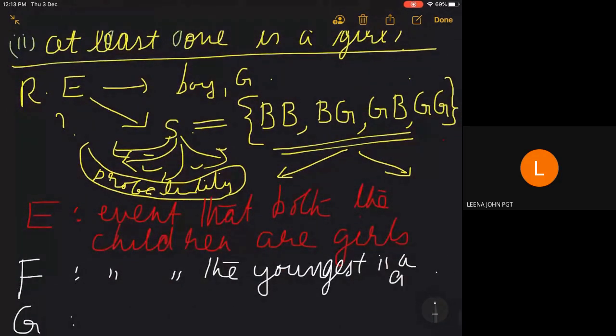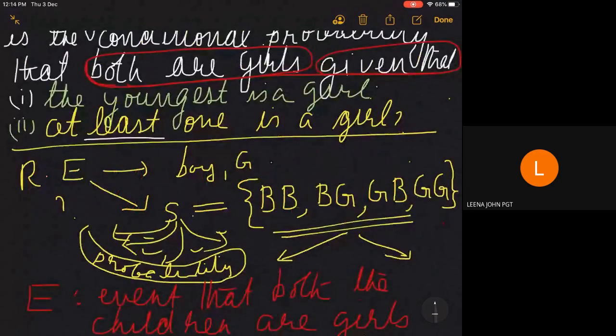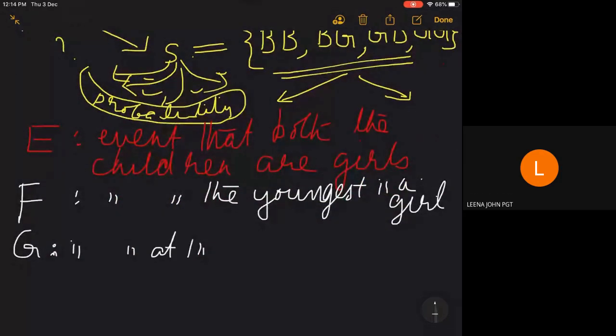And G is the event, according to the question, that at least one is a girl.